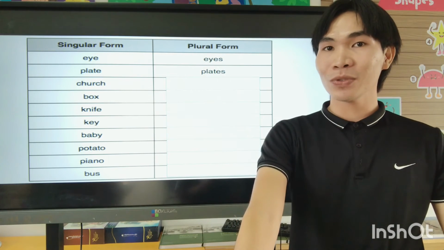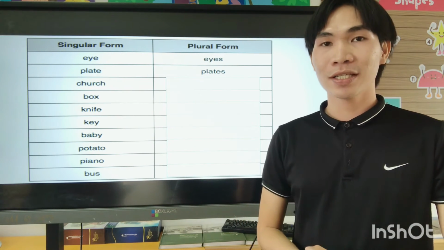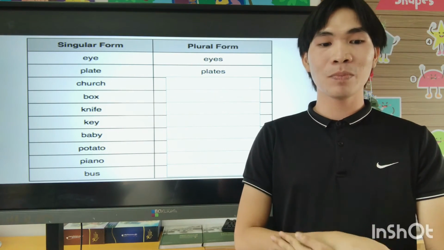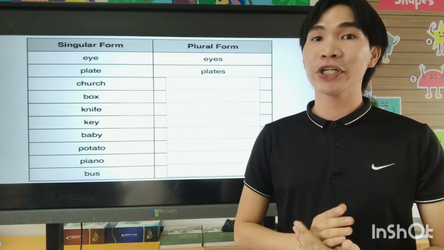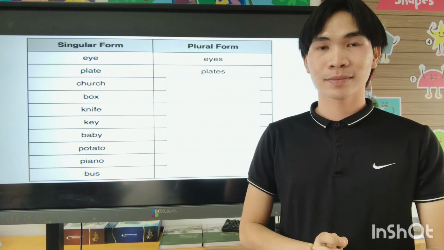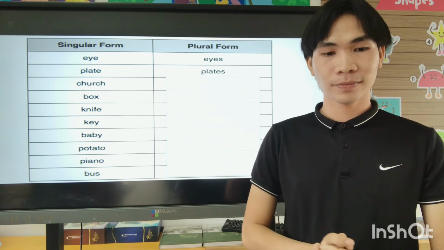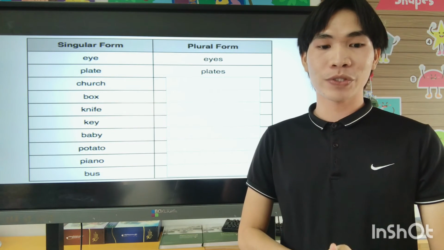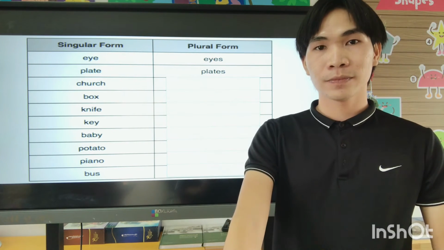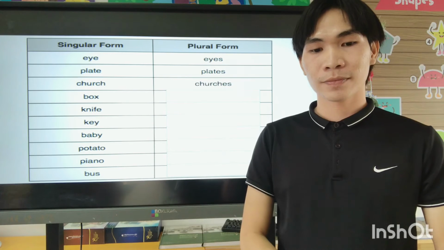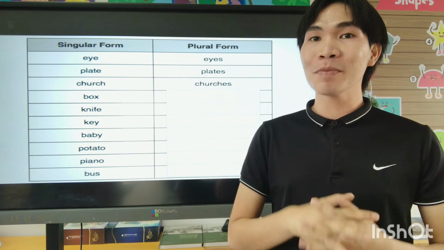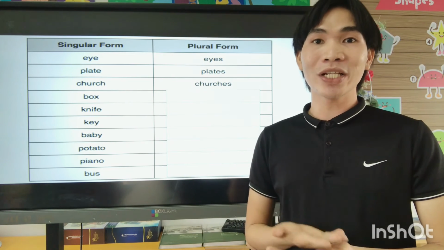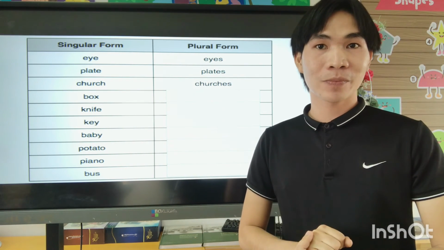Now let's proceed to the third word, church. What do you think is the plural form of the word church? Now, let's check if your answer is correct. So the plural form of the word church is churches. So what rule did we apply?